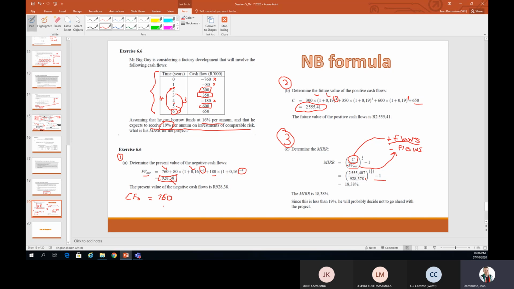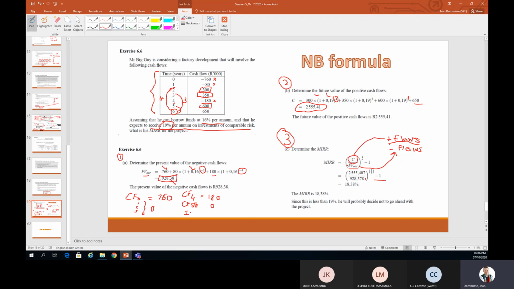The first one is 760, for 1 and 2 and 3, those will all be 0. For CF4, you will have a 180, and then for CF5 and 6, it will be 0 again.